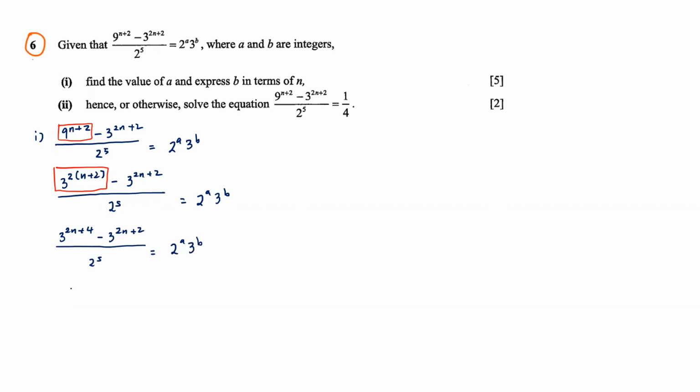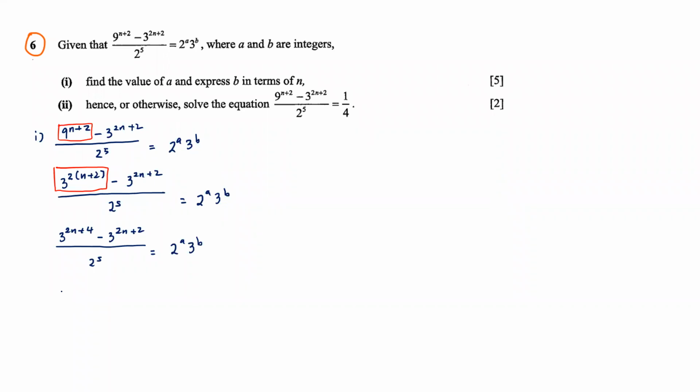Okay, now, what else can I do? Well, realize that something seems to be appearing in both the terms in the numerator. I see 3 and then I see a 2n in the power for both terms. Now, is there a way that we could possibly extract that out?